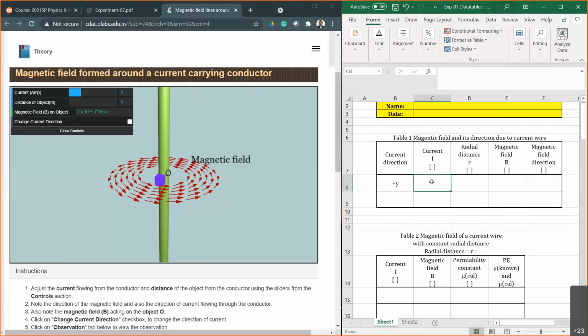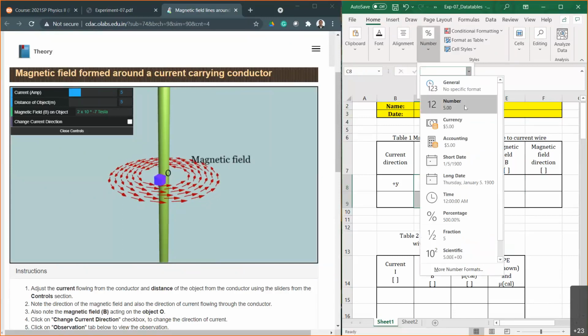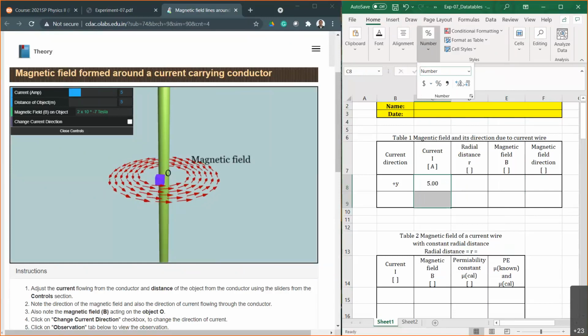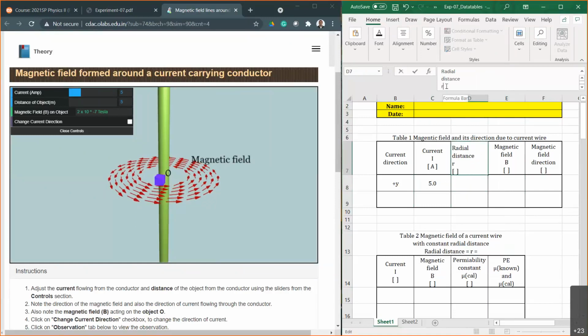So the current value we are using is about 5 amps, right? And the unit should be amps. Another problem is that we can't really have many decimal places. That's a disadvantage. We'll add 1 decimal place purposely because the readings seem to be very inaccurate. And the radial distance is about 5 meters again, unit meters.